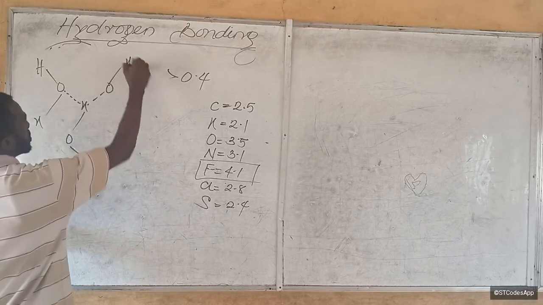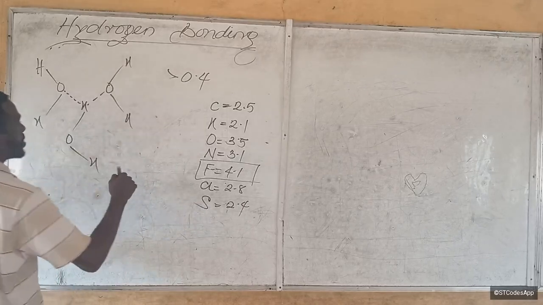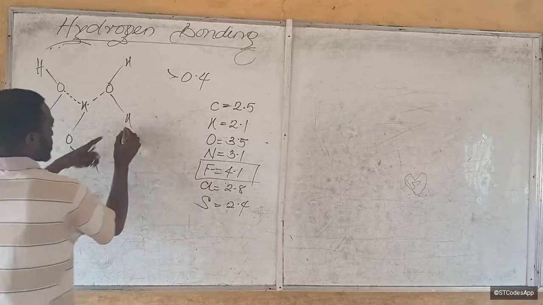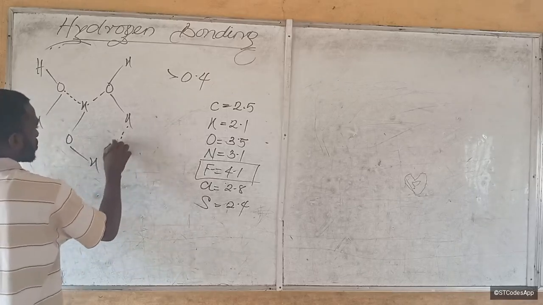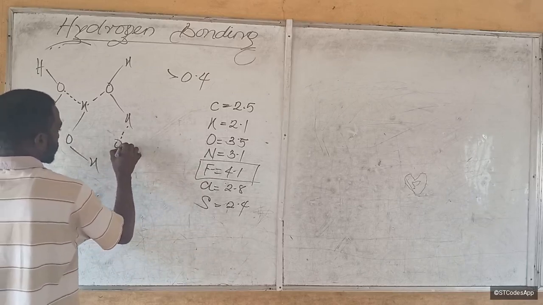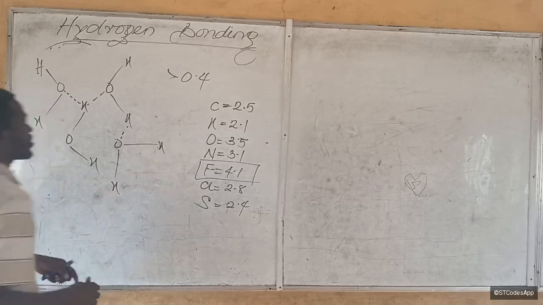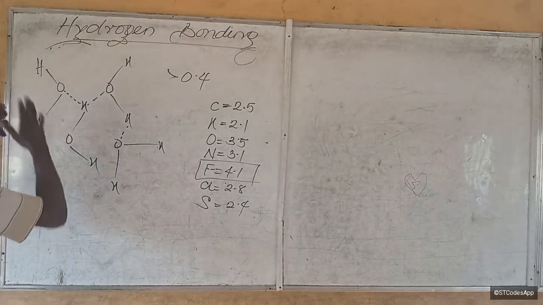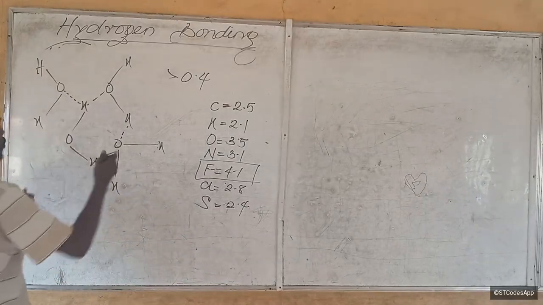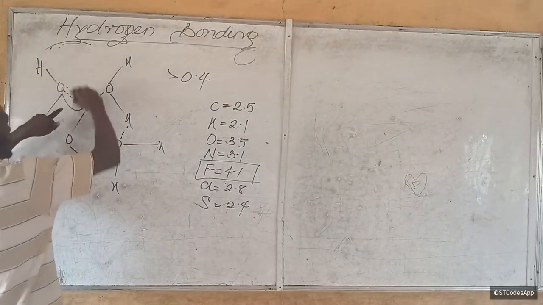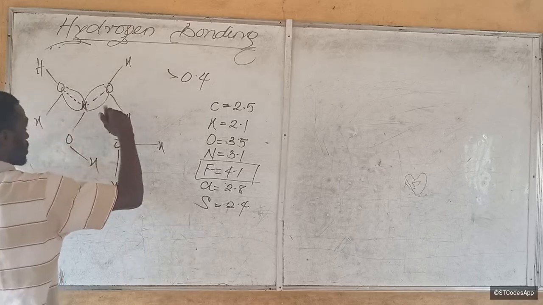This one will seek to coordinate with another oxygen, which has coordinated with one hydrogen, and so on. So you are going to see that continuous repetition. This point here is the point of hydrogen bond.